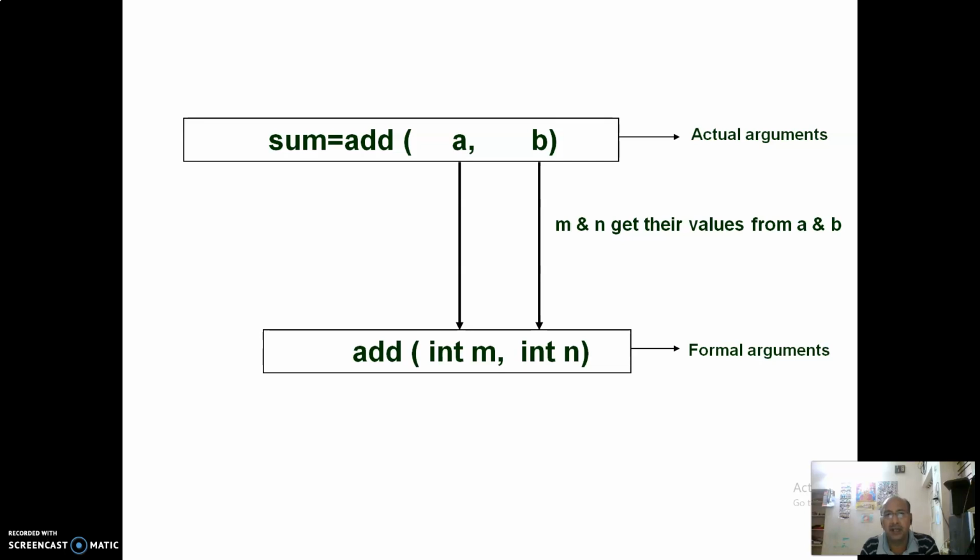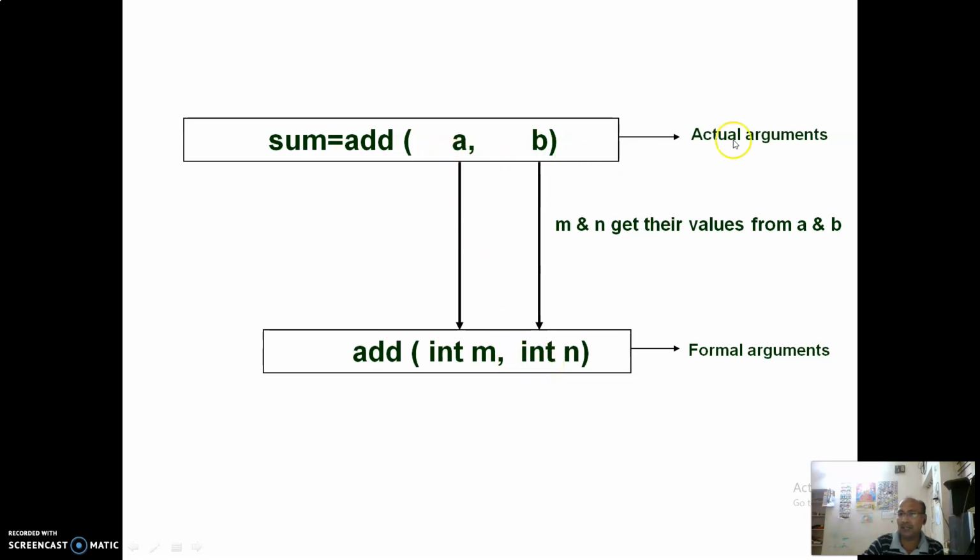See here, sum equals add(a, b). Generally, in the case of the main function calling, we write it like this: sum equals add(a, b). In the function body, it is int add(int m, int n).